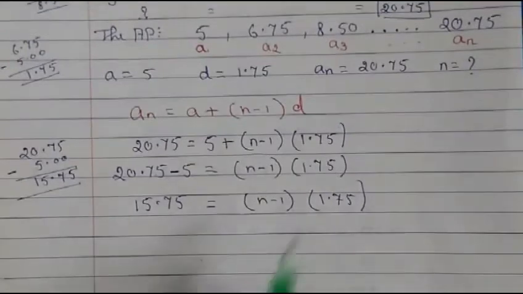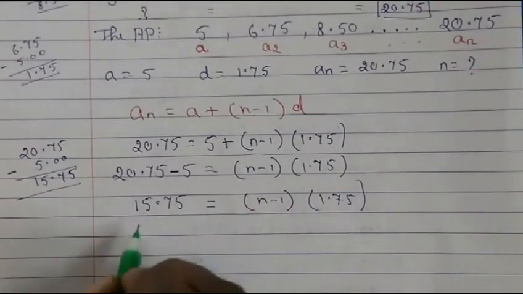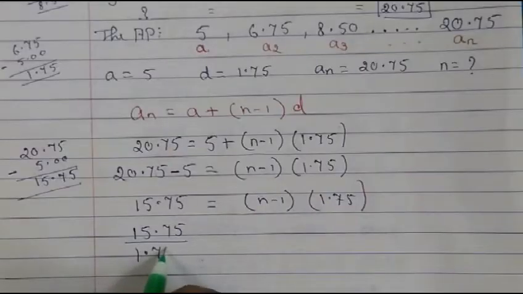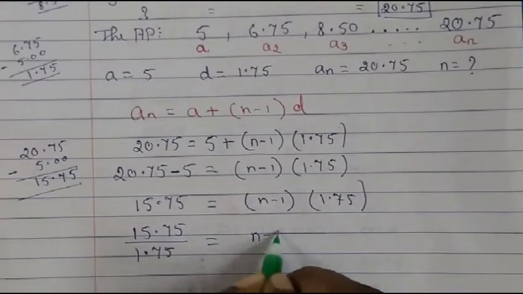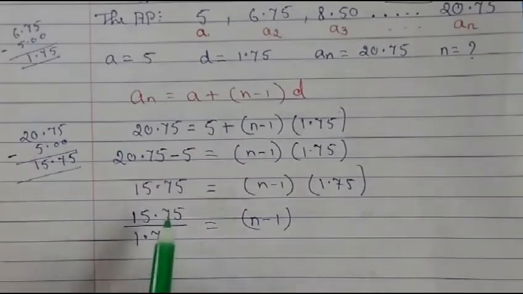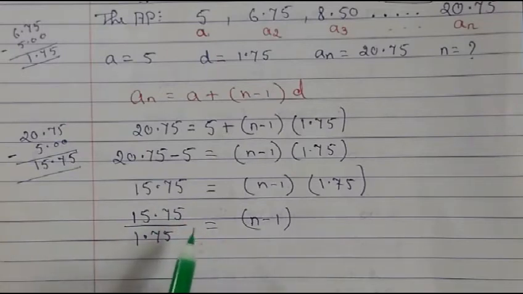So now let's bring this 1.75 to this side. So it will become 15.75 divided by 1.75 equal to n minus 1. So let's divide this. Whenever decimals are there, we look at how many digits are there after the decimal, and accordingly we add the zeros.